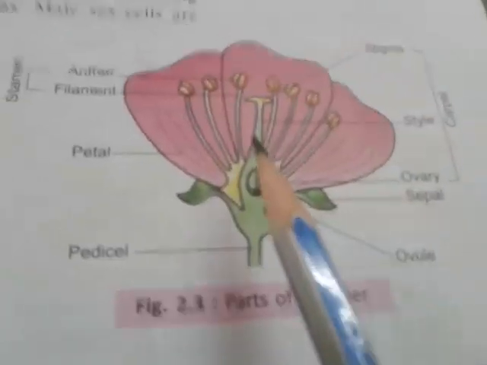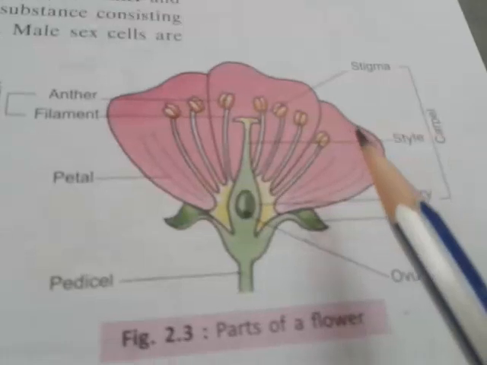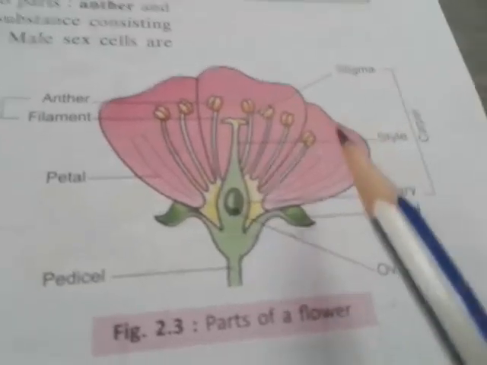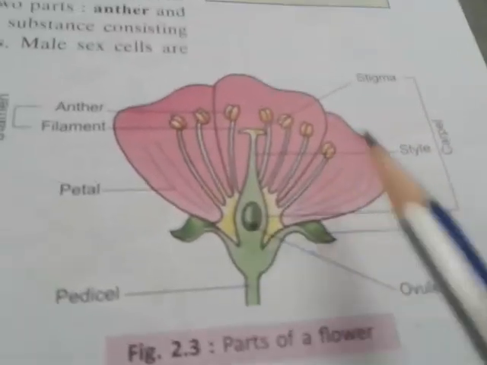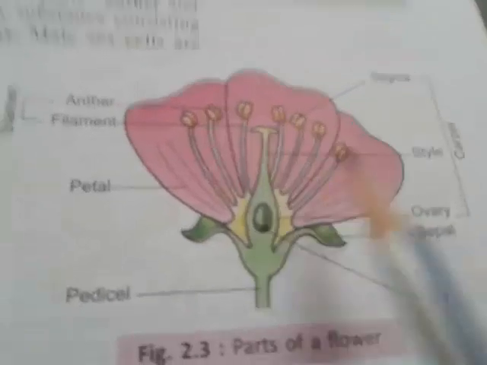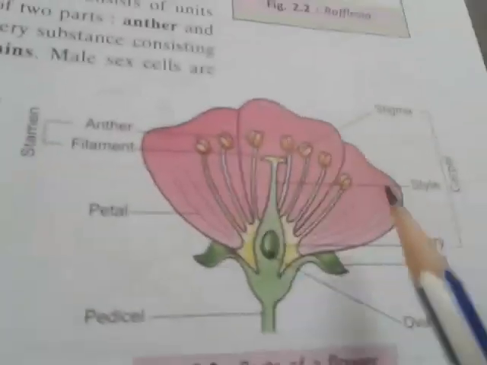And what is the reason for these petals? Since this part is bright, many kinds of insects are easily attracted towards these petals for pollination.